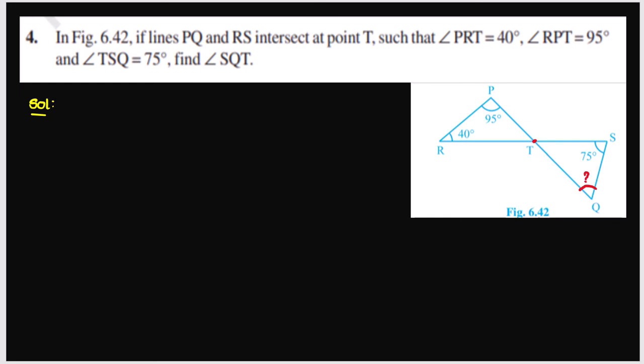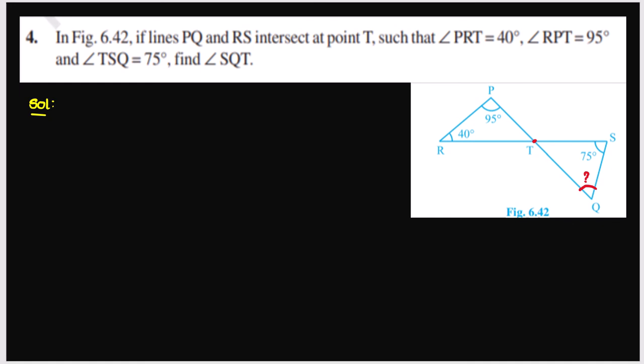So how to find it? First let us observe the figure carefully so that we will have an idea how to proceed. What is our required angle to be found? That is angle SQT. If you observe triangle PRT, two angles have been given, so it is easy to find the third angle, angle PTR, by angle sum property.